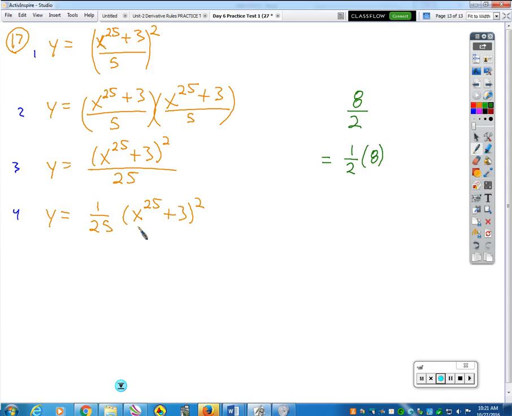Anything else? Please. Is it okay to dump that and do the power rule? There's nothing wrong with starting with the power rule and just plowing ahead. It works just perfectly fine. This is just an alternate way that's not necessarily easier, just different. Is that fair? So you can change the form of the equation before you start doing the derivative?